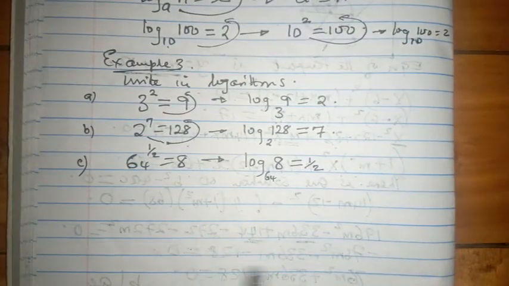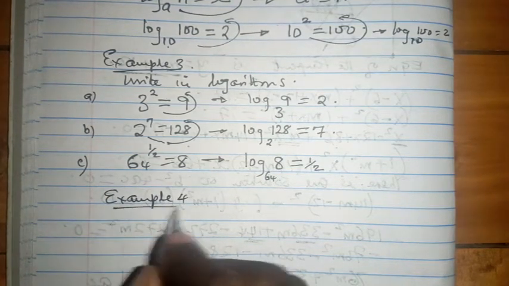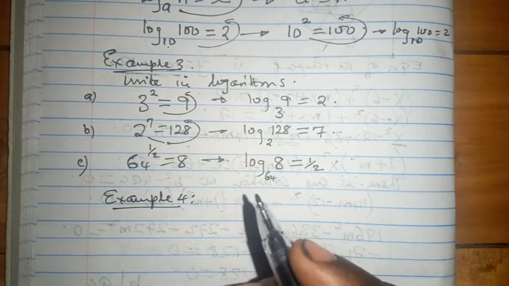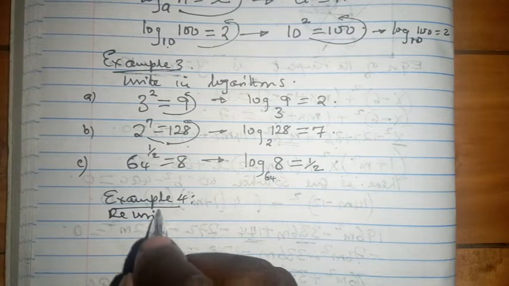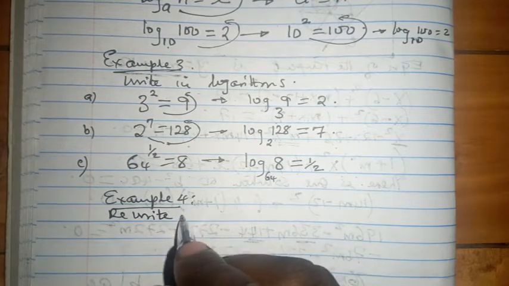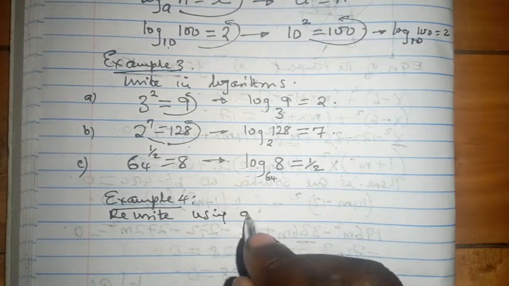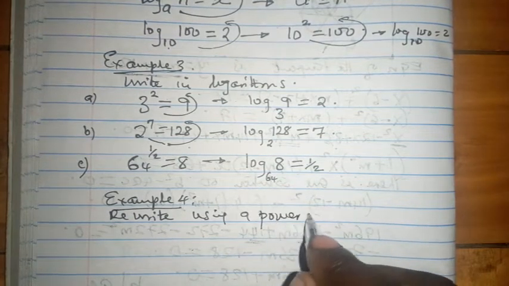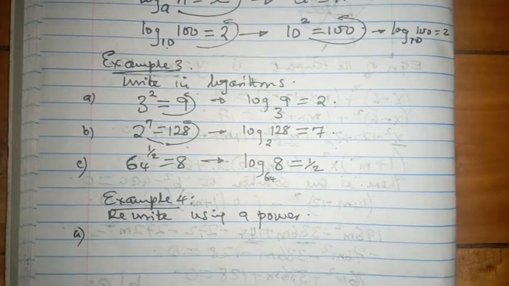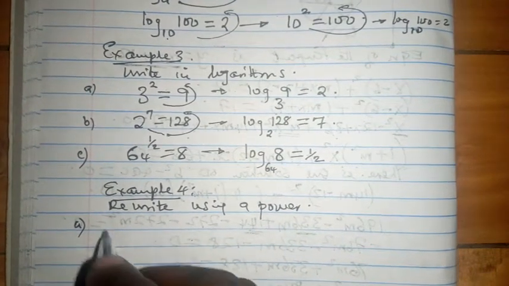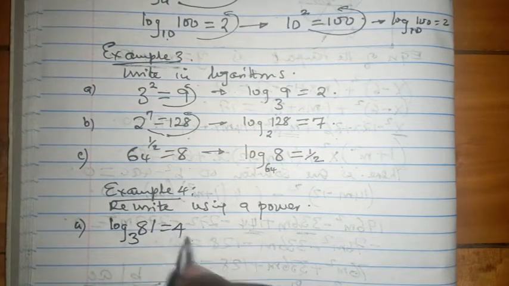In the same video, I would want to explain example 4 because the idea is the same. We are told to rewrite each statement using a power. So we are now going to move from logarithmic notation because part A is log to base 3 of 81 is equals to 4.